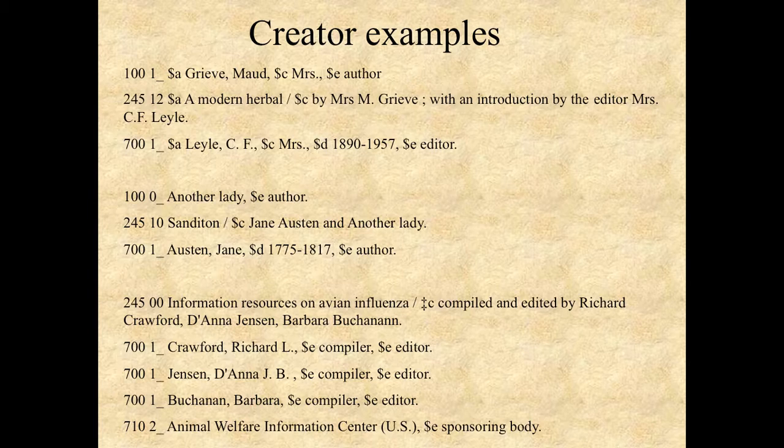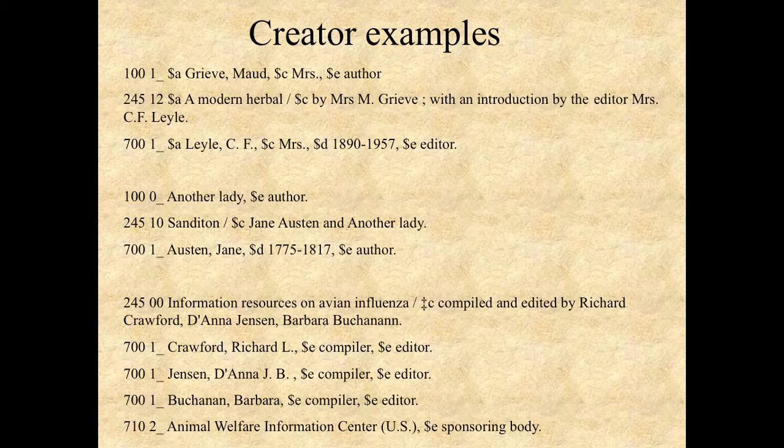And in the final example here, we have information resources on avian influenza, compiled and edited by Richard Crawford, Deanna Jensen, and Barbara Buchanan. So in this particular case, there's no single party who's primarily responsible here.